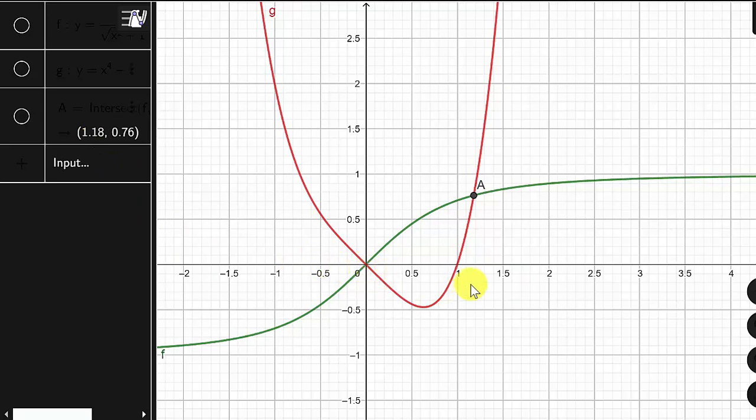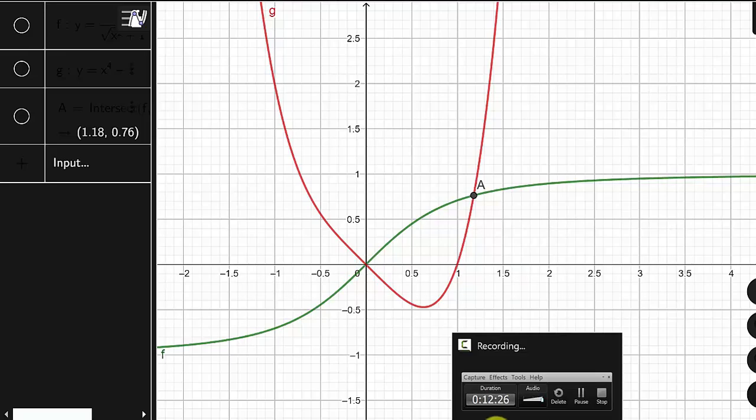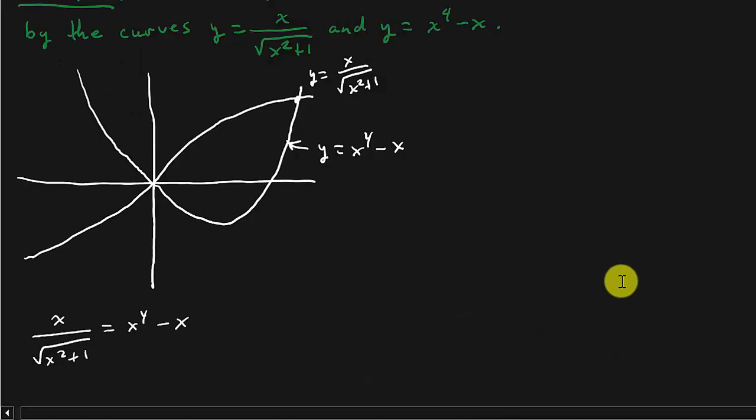So it's going from 0 to 1.8. So this thing intersects here at 1.8, and I'm going to integrate from 0 to 1.8.